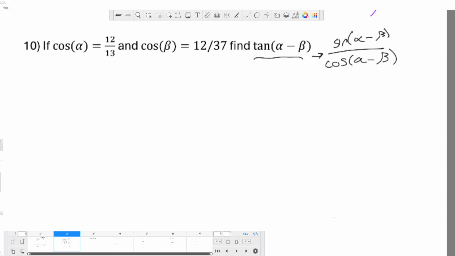So let's go apply that formula. On the top here with sine, this is minus, and in the sine formula it is the same sign.